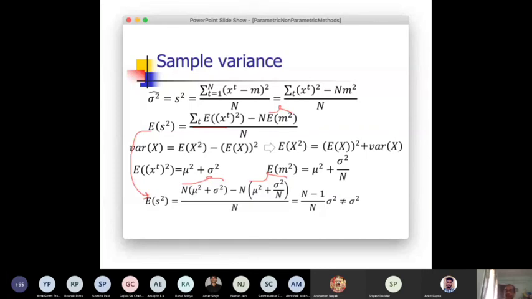So it is not an unbiased estimator. To get an unbiased estimator, you need to do something very simple. S square is not an unbiased estimator. The unbiased estimator is actually n by n minus 1 times S square, because if I estimate n by n minus 1 S square, it's simply scaled, and then you get sigma square.